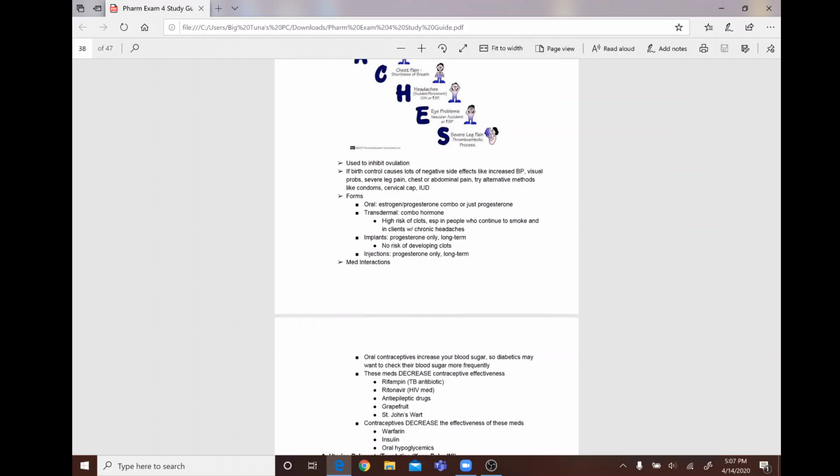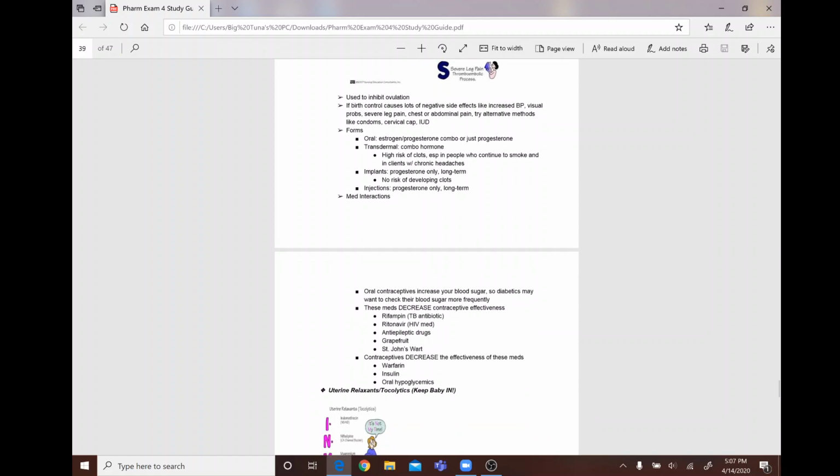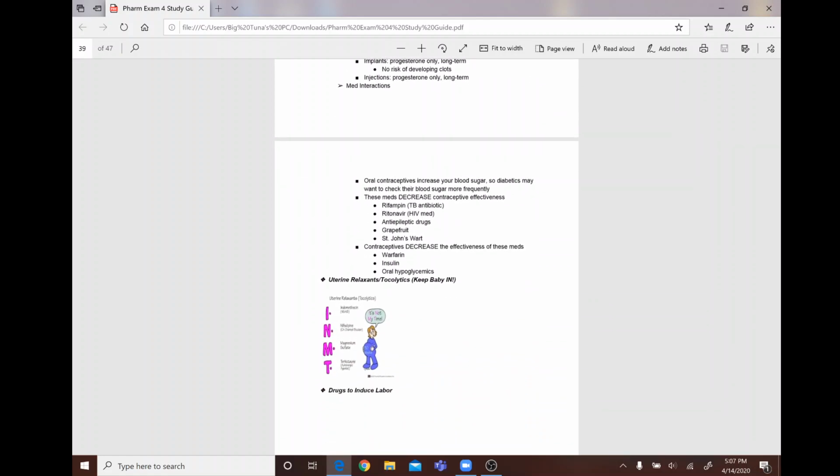Progesterone only and it's long term. All right. What meds decrease contraceptive effectiveness? Rifampin, ritonavir, antiepileptic drugs, grapefruit, and St. John's wort. What meds do contraceptives decrease the effectiveness of? Warfarin, insulin, oral hypoglycemics.